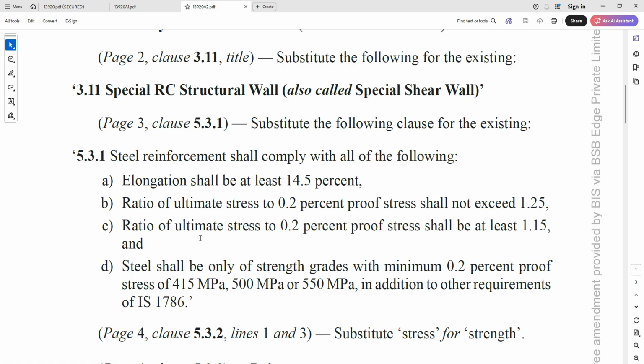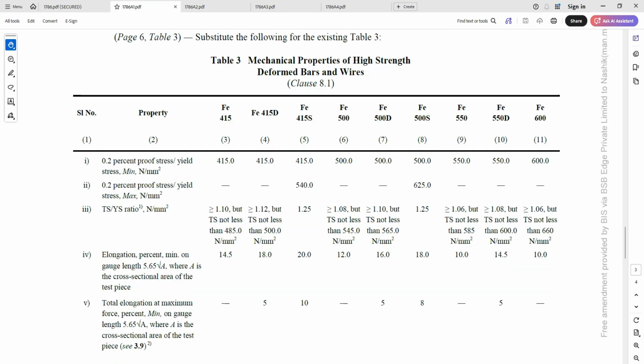So at least 1.15 is required, whereas what it mentions is that the ratio should be greater than 1.06. So it is not asking 15%, it is asking only 6%, and here it is asking only 8%. So when you go to the market, you can't just order, I want 550D. No, 550D is also not compliant.